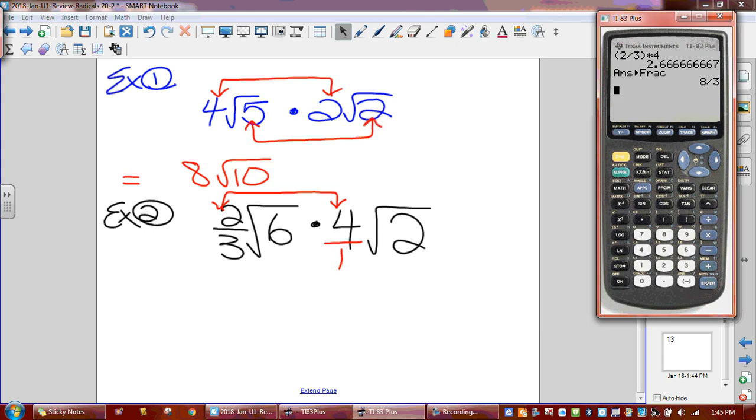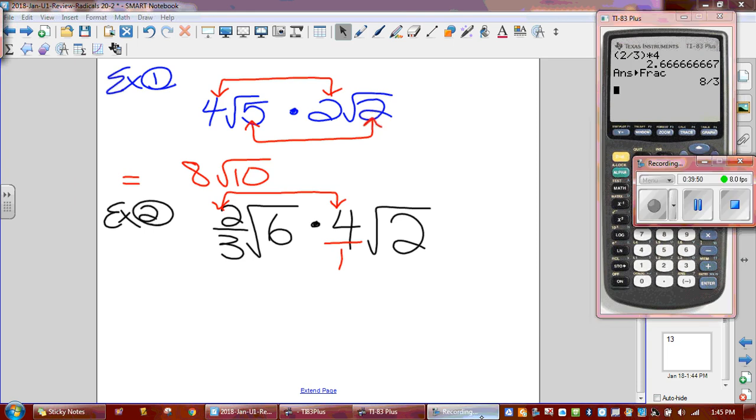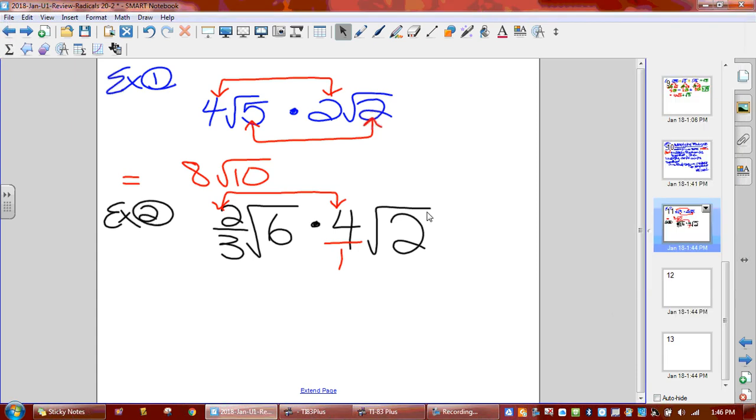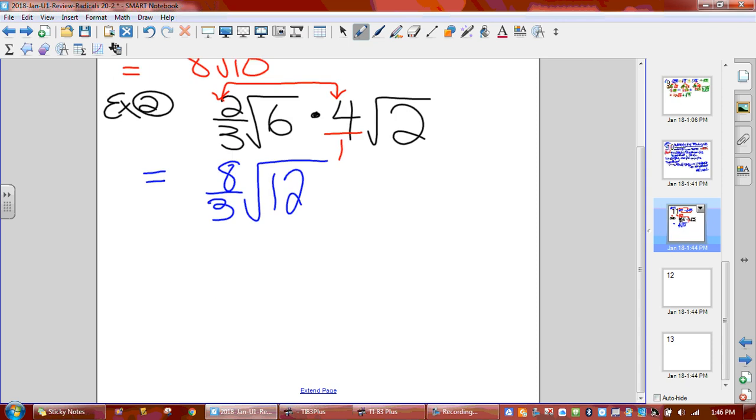So this is going to give us 8 over 3 root 12. Now we know that root 12 can break down. 12 divides by 4. So the 8 over 3 is going to stay outside. Root 4 times root 3. That's what 12 breaks into. We're going to solve the root 4, but it's a fraction again on the outside.